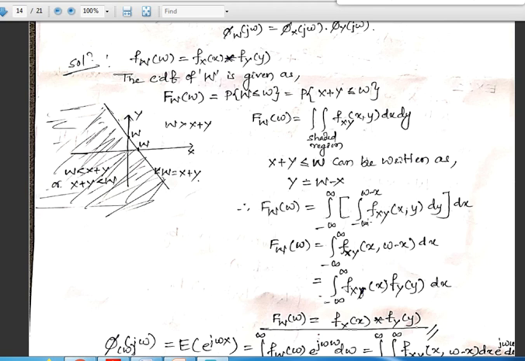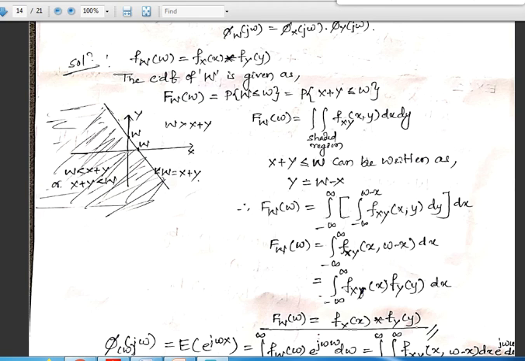When we substitute y as w minus x, we get the integration from minus infinity to plus infinity of fx of x and fy of w minus x.